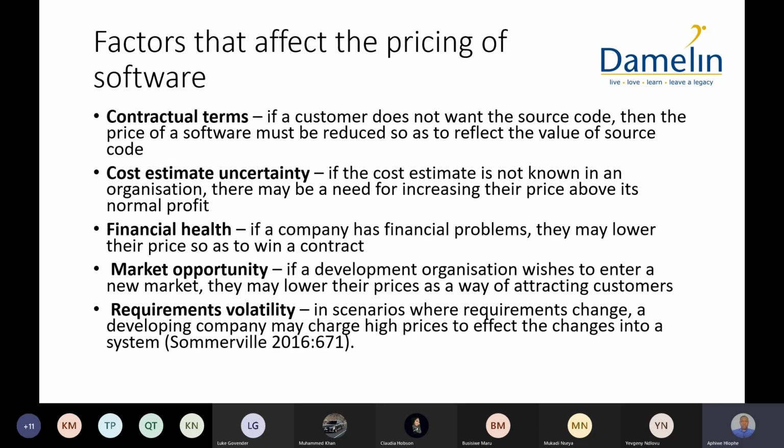Market opportunity. If a development organization wishes to enter a new market, they may lower their prices as a way of attracting customers. And this is what we call a differentiator strategy. So you're entering a new market, and there are already other organizations doing the same thing as you. Maybe you want to start a mobile app development company. There are already other companies doing that.